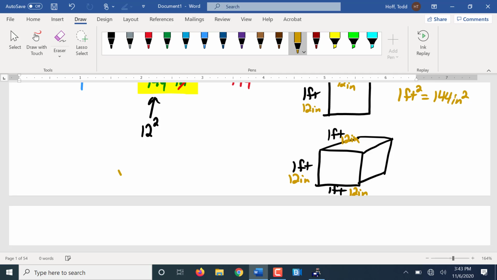What is 12 inches by 12 inches by 12 inches? 1,728 inches cubed. So 1 cubic foot is 1,728 cubic inches.